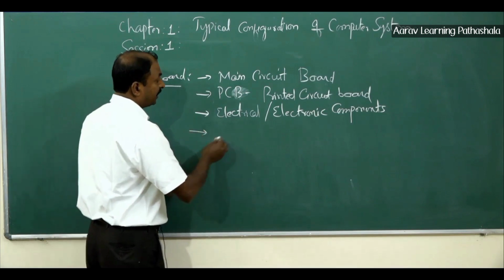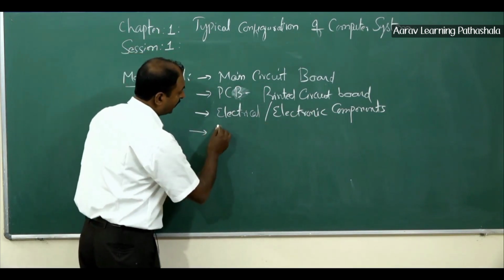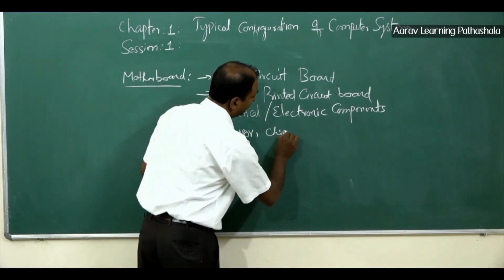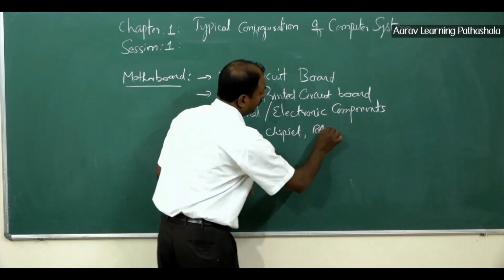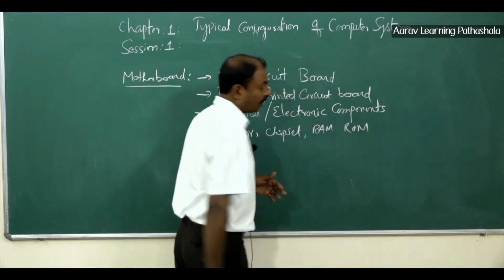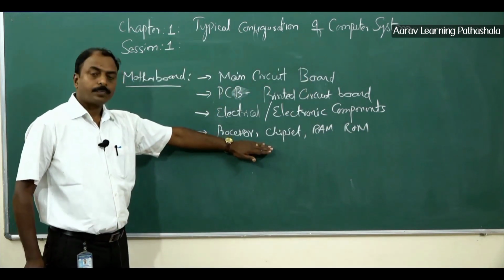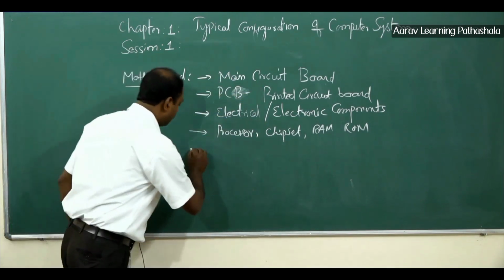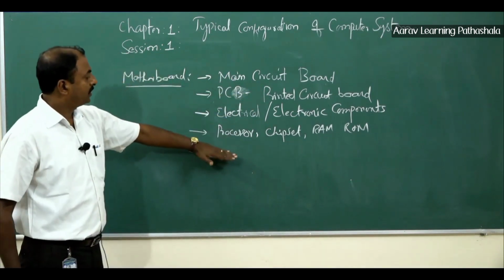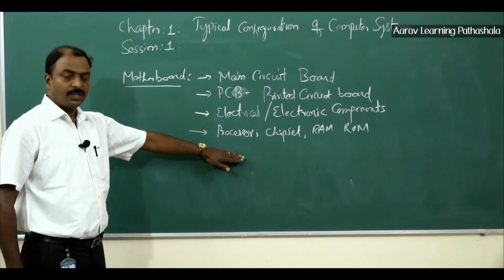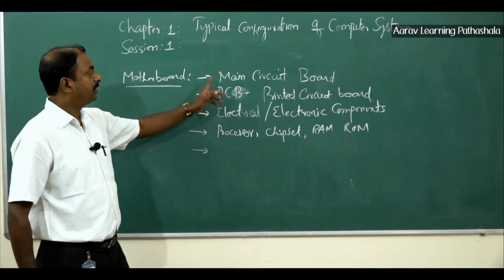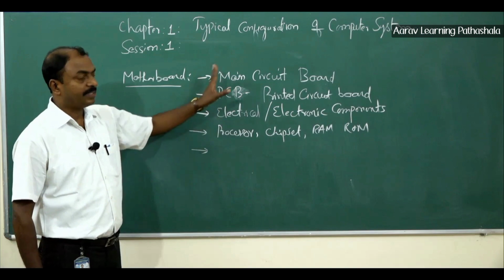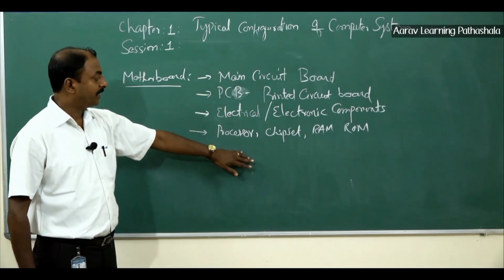Electrical and electronic devices, or hardware parts like the processor, chipset, and ROM, are a few of the parts mounted on the motherboard. So this is your motherboard, and all communication will take place within it. All the processing you have learned so far as computer processing takes place inside the CPU, inside the motherboard.